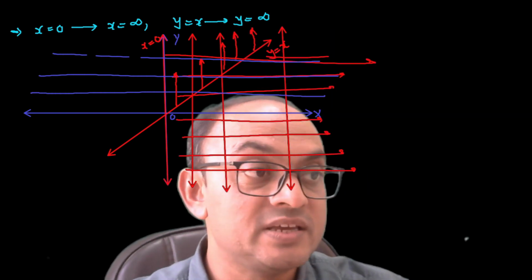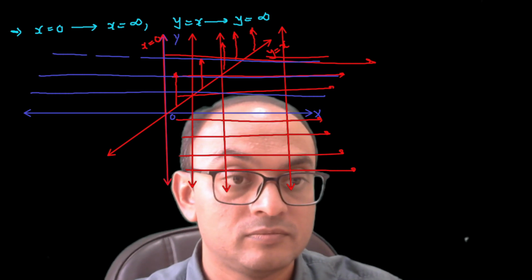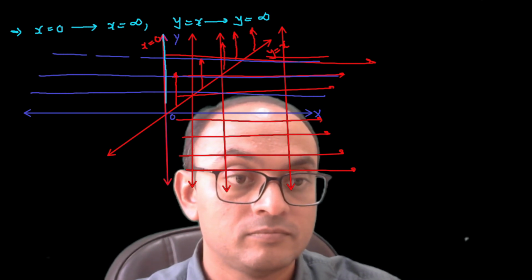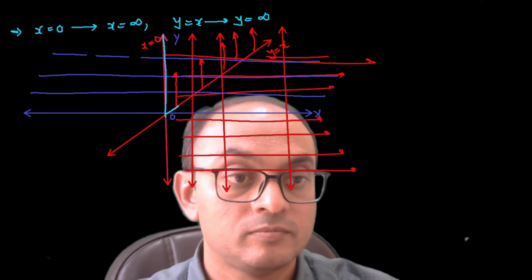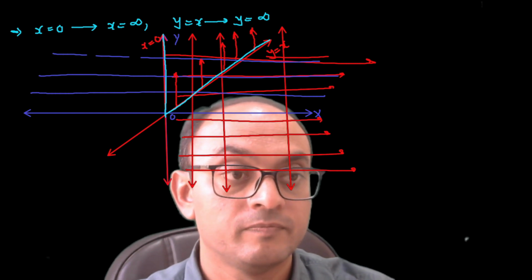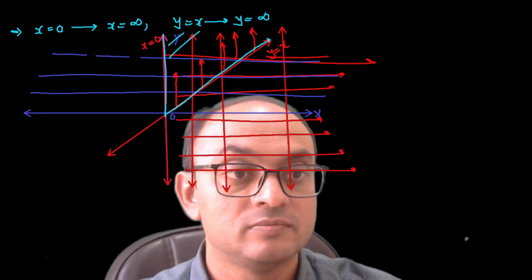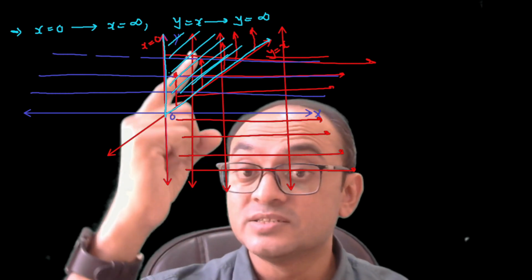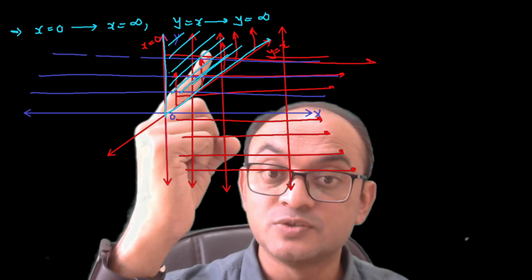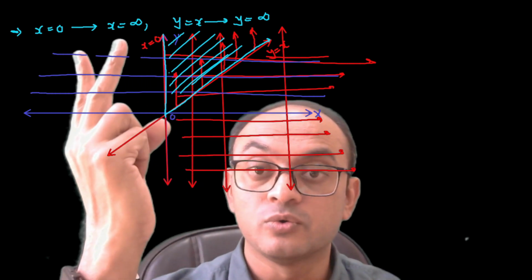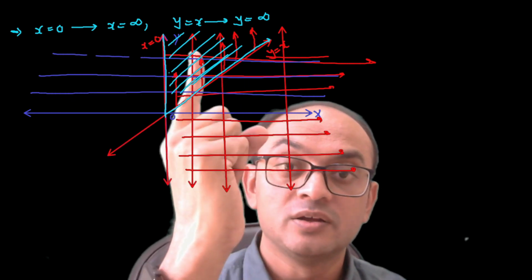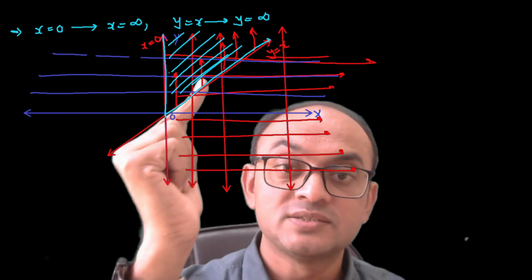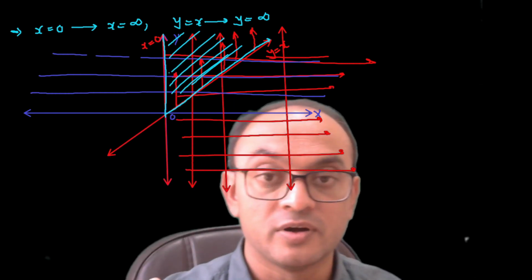So which fixes this portion. And this. Is this clear? See how we have chosen this portion. X equal to 0 to infinity. In this part we are starting from y equal to x and moving upward.